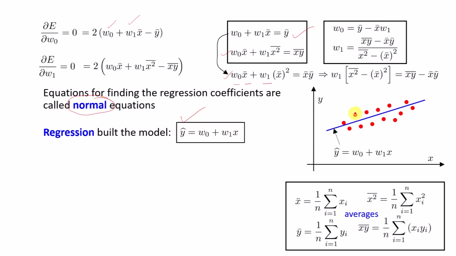Now consider these red dots coming from my experiments, so they are essentially my training data. I am using those data to get the values of w0 and w1, and then I am plotting this blue straight line, that is y hat equals w0 plus w1 x.